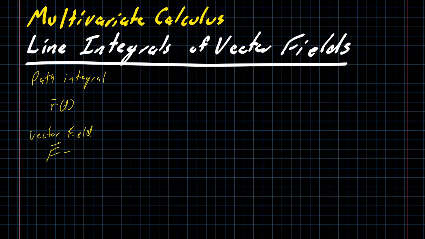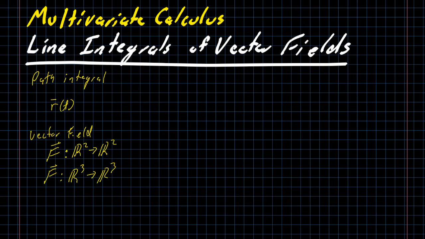A vector field is a function, which I'm going to denote capital F with a vector symbol above it to denote that this thing is in fact a vector. And we can go from R2 to R2, or we can go from R3 to R3.